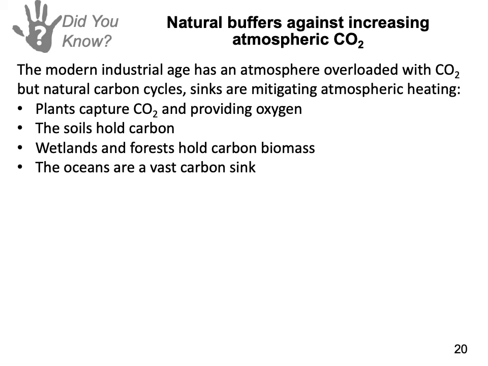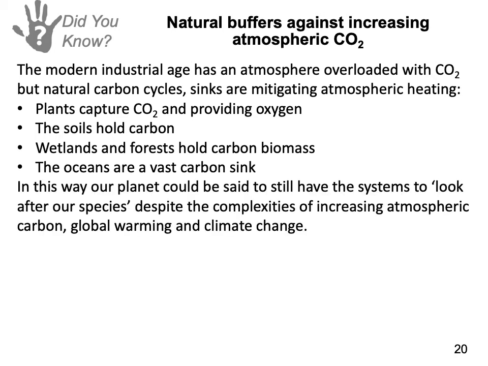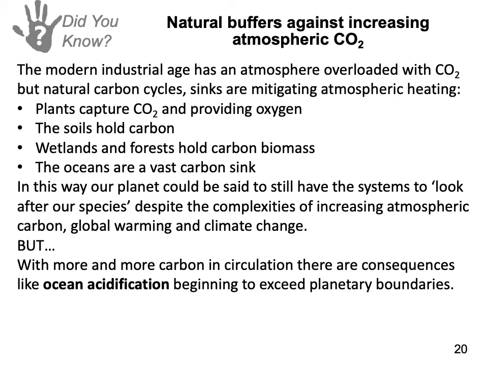And what the scientists are now showing is that the planet could be said to still have the systems to look after our species, despite the complexities of increasing atmospheric carbon, global warming, and climate change. But with more and more carbon in circulation, there are consequences like ocean acidification beginning to exceed planetary boundaries.